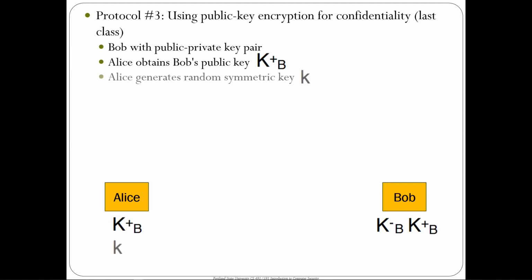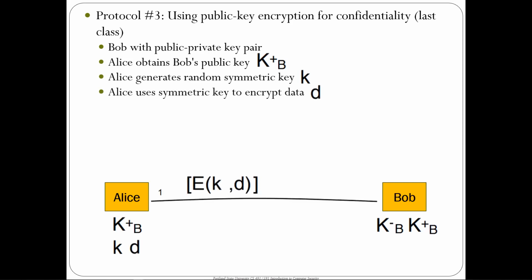And then if she has a bunch of data to send to Bob, she can generate a random symmetric key K and then use that key to encrypt the large payload, the data. So this is the symmetric key that's generated, the data that she wants to send, and then she encrypts the data with that generated key.